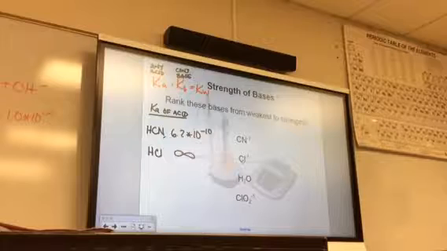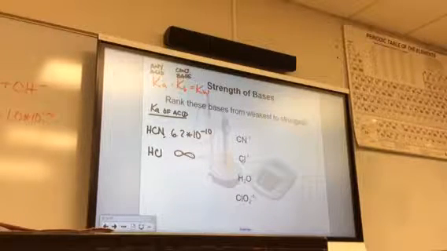The Ka of water, because it's releasing hydrogen, is 10 to the negative 14th. The Kb of water, because it's releasing hydroxide, is 1 times 10 to the negative 14th.